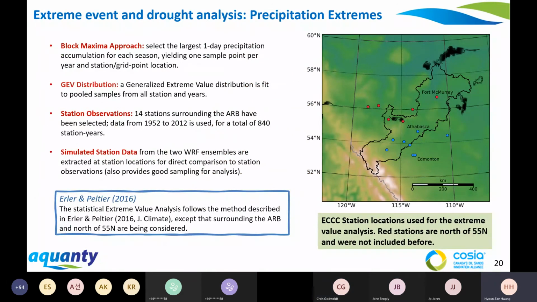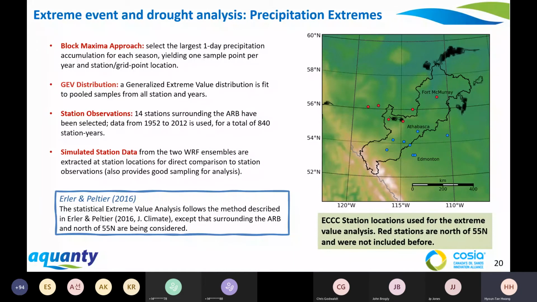Okay, so far we have been talking about the climate change impact analysis at the whole basin scale with the ARB model. Now we are looking at a specific area, especially the Alberta oil sand area, because the oil sand mining industry is very important and highly affected by climate extreme conditions.